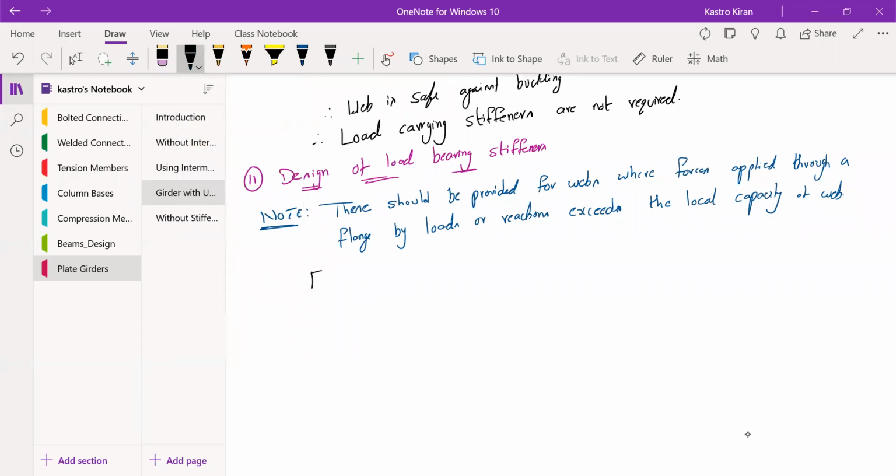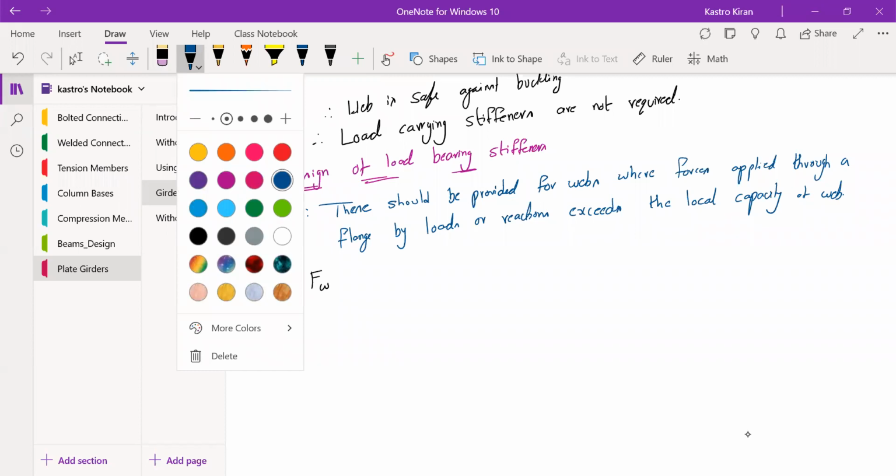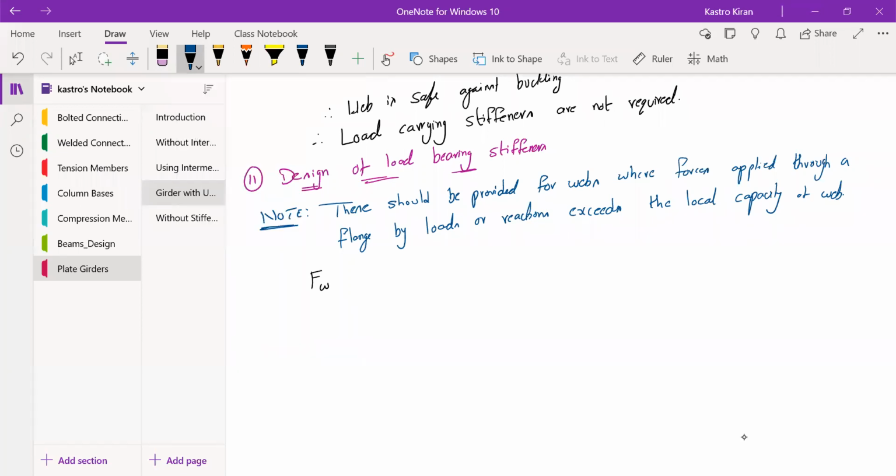If you refer to clause 8.7.4, the value of FW, which is the local capacity of the web or force in web, is (B1 plus N2) into TW into Fy by gamma m0. So this is there in clause 8.7.4. You can refer to this clause if you want.